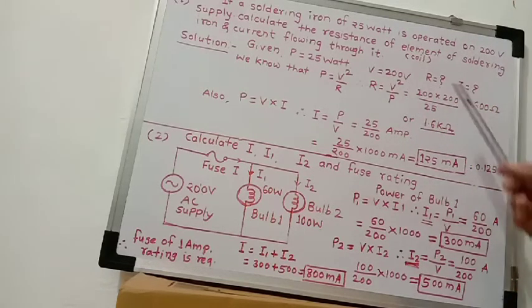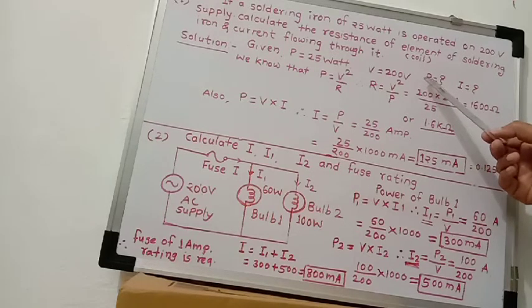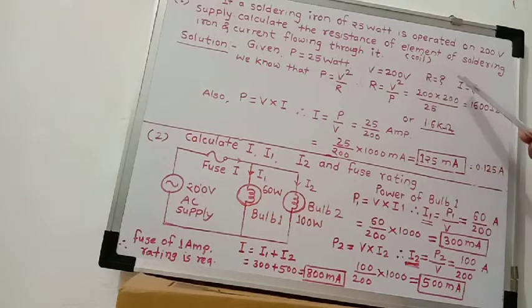We have to find the resistance of the coil and the current flowing through it.